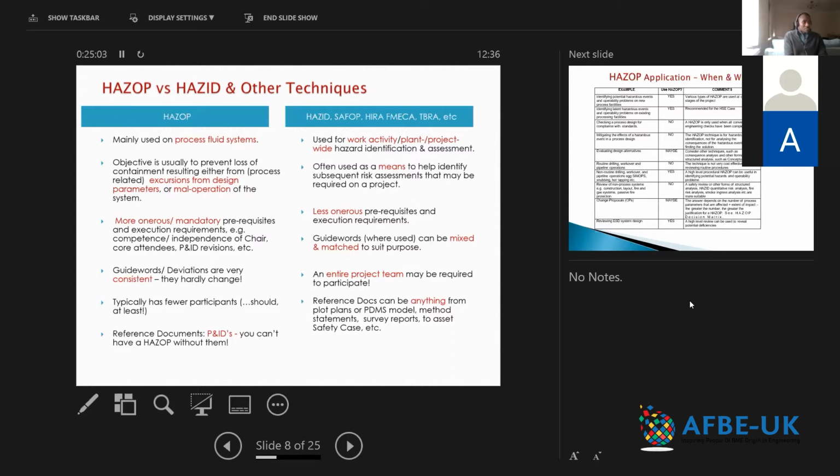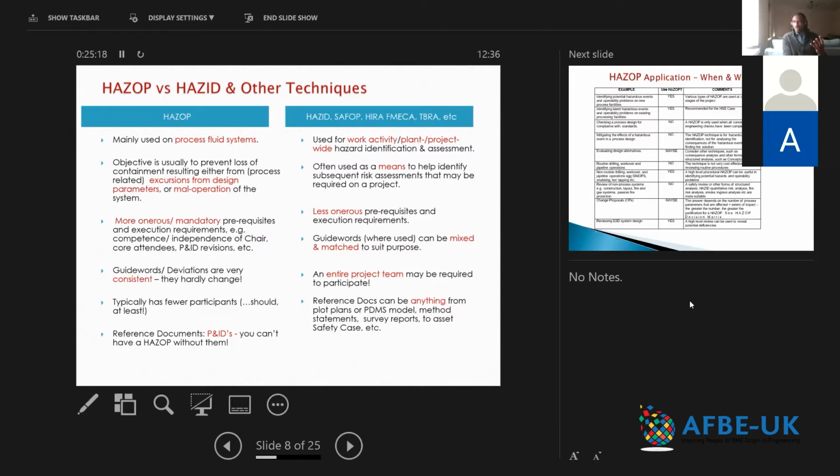So the HAZOP typically has fewer participants. At least it should have fewer participants. The reason being, you should keep the team as small as possible with just the core participants. The core disciplines are required.